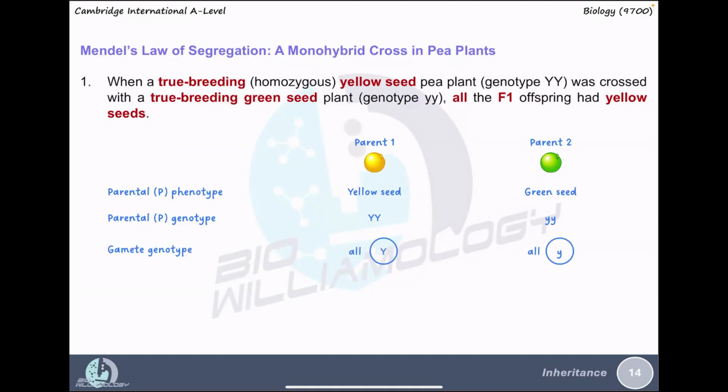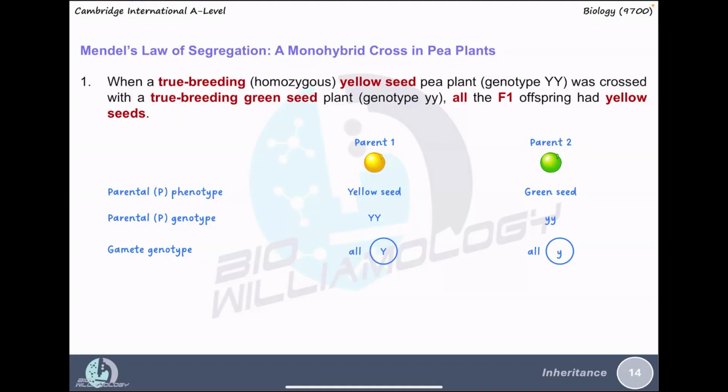Because the yellow seed parent has only the capital Y or dominant allele, the gamete genotype will have all capital Y alleles. For the green seed parent, the gamete genotype is lowercase y.